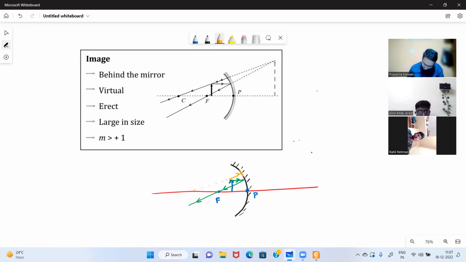So it will get reflected along the same line. It will pass through the center of curvature. Are you able to visualize? Yes, sir. Should I explain this again?